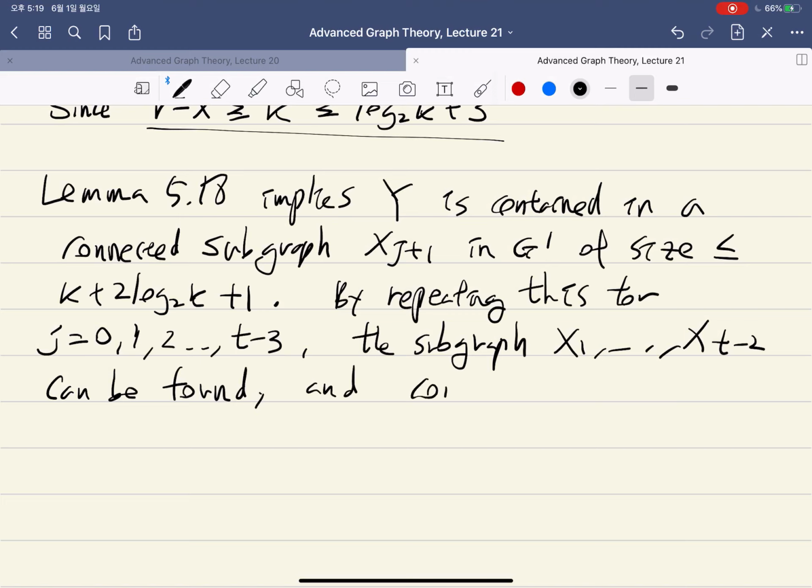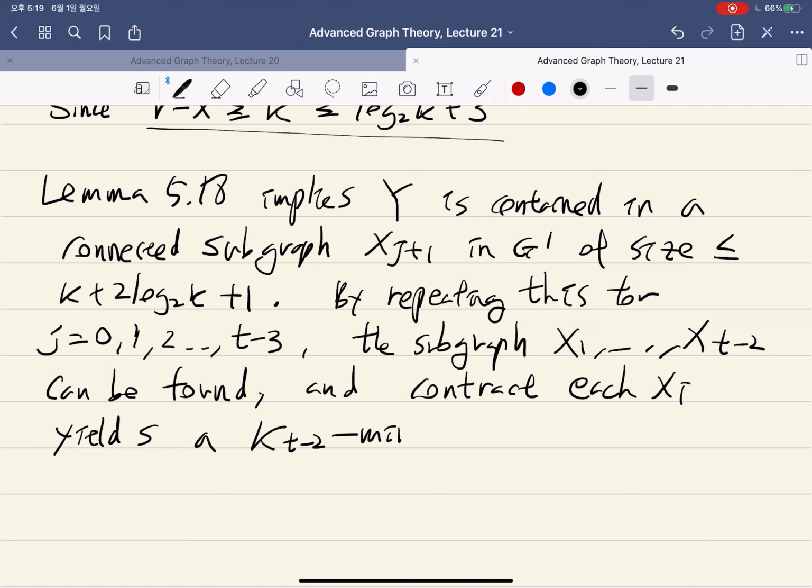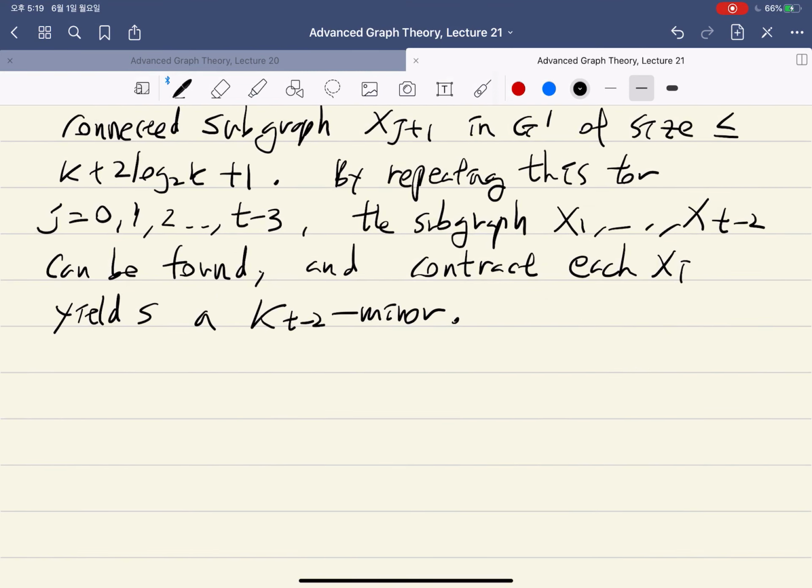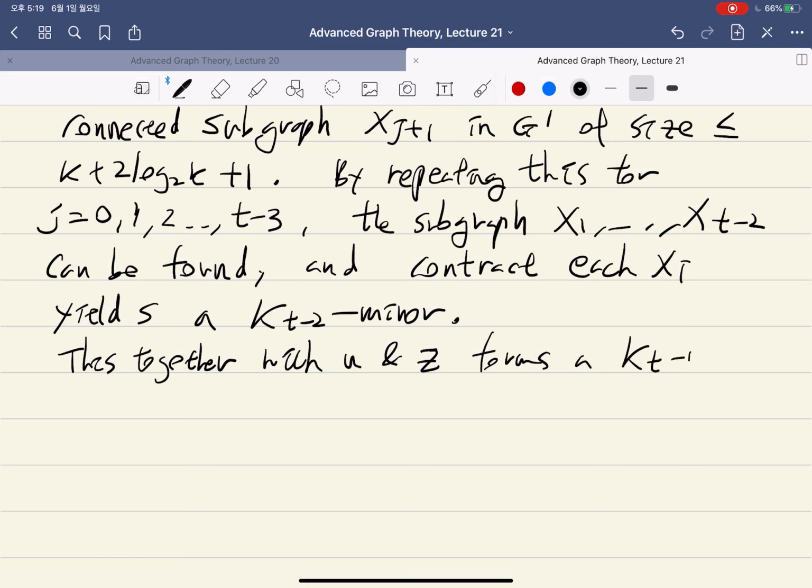And if we contract each x_i, then we get a K_{t-2} minor, and this together with u and v forms a K_t minor as desired. So this finishes the proof.